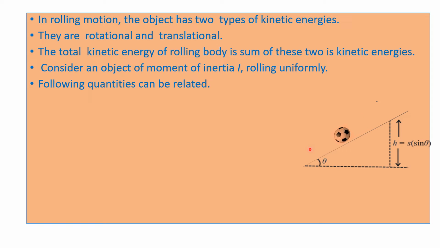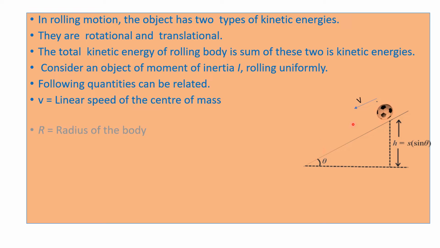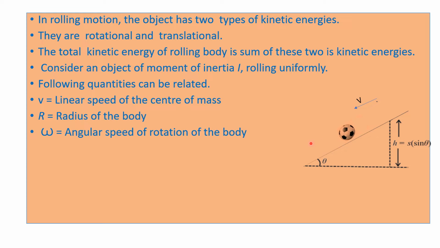and we have to consider the following quantities: v is the linear speed of the center of mass of that object, r is the radius of the body, omega is the angular speed of the rotating object. In terms of linear speed, we can write omega is equal to v upon r for any particle.